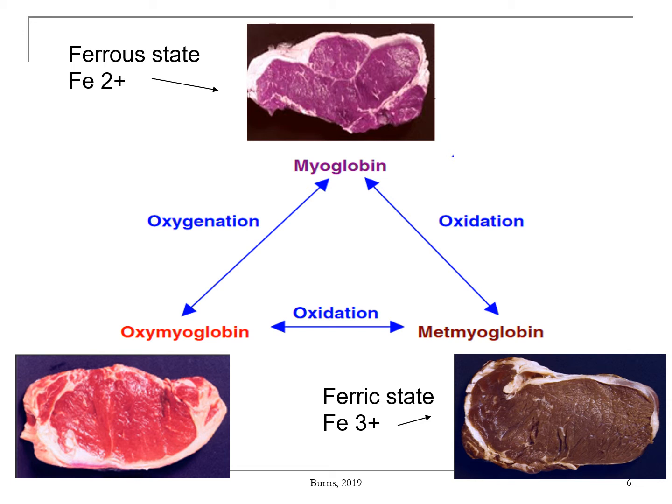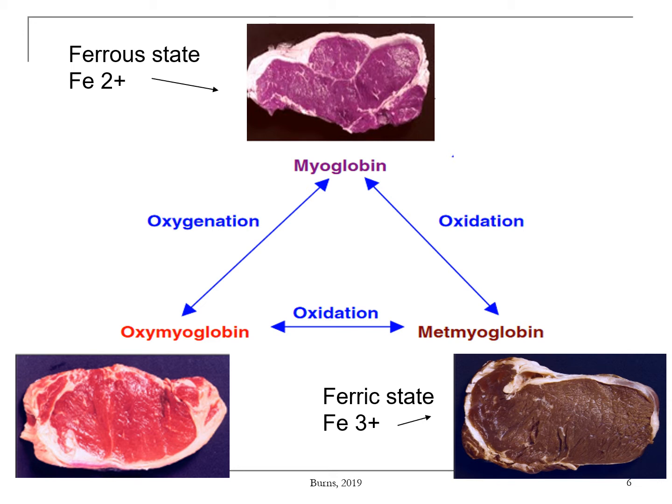The changes in the color pigments mostly is due to the heme iron that is found within the hemoglobin and the myoglobin. So hemoglobin is the largest color pigment. So there's more hemoglobin in the meat. However, the myoglobin has the most effect on the color.